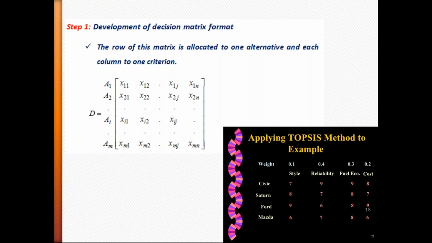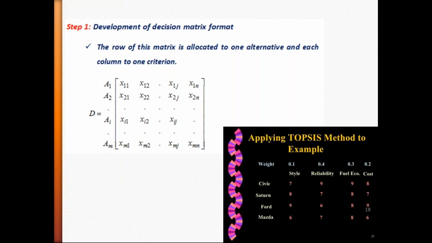The equation is rij equal to xij divided by the square root of x1j square plus x2j square plus xij square plus xmj square. So rij is equal to xij divided by the square root of the sum of squares of all entries in the column in which xij is located.